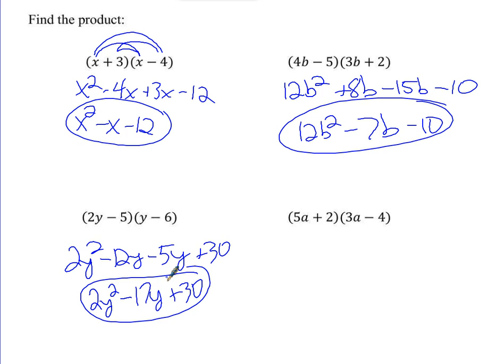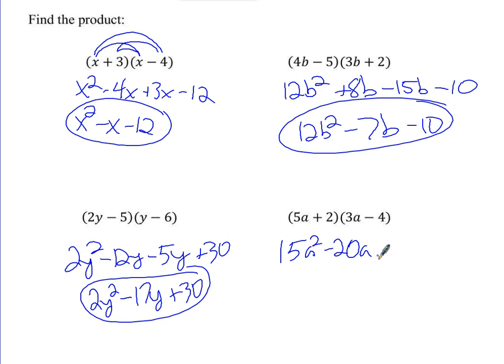All right, call on somebody. A squared is correct. Next. Minus 20a, good.